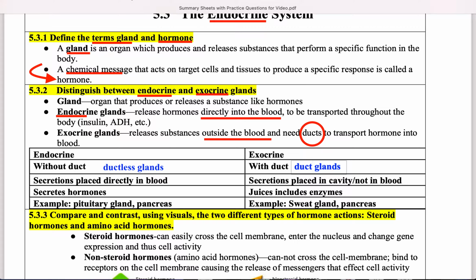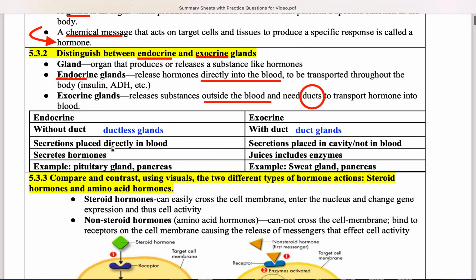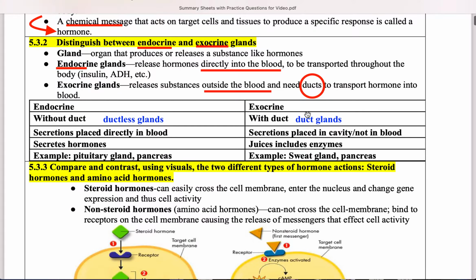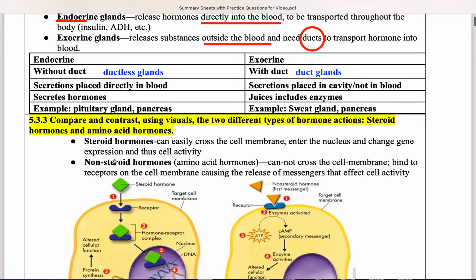Fine. Now we will proceed to see the main differences between them. One is already done. Second, secretions are placed directly into the blood, versus secretions placed outside the blood, which need the duct to transport them from one place to another. Both release hormones, but mainly endocrine glands release hormones like growth hormone, antidiuretic hormone, adrenaline and noradrenaline.